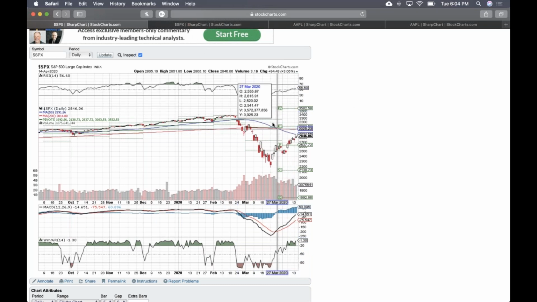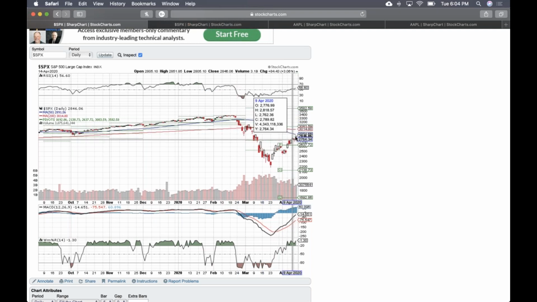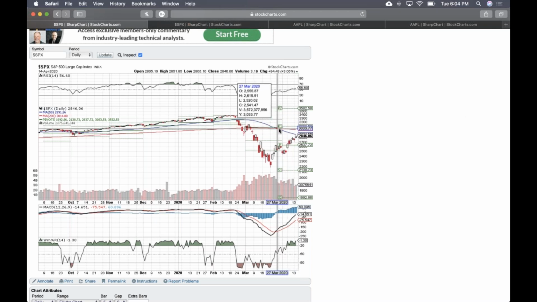We have a 200 and a 50-day crossover. If we do get our V-shaped pattern, that might look a little more like this. We head up this way.